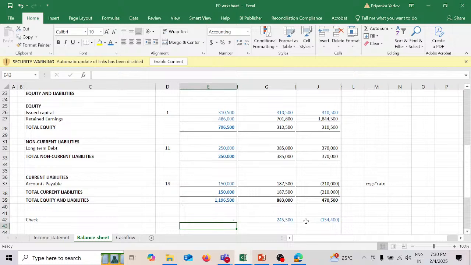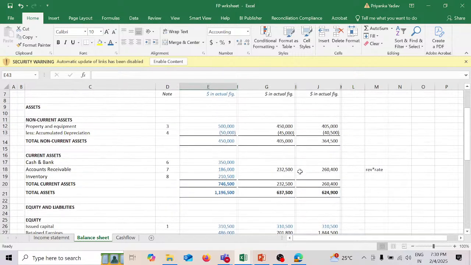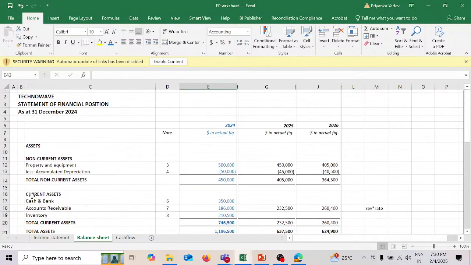So here for these 2 years we are not getting the check perfect. This is because we haven't right now provided figures for cash and bank. So here now comes the role of the cash flow statement, where we'll find the current position of cash.